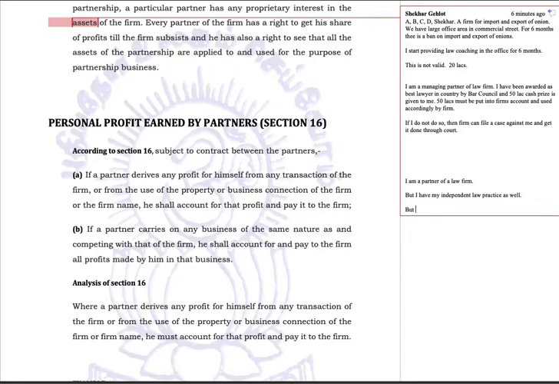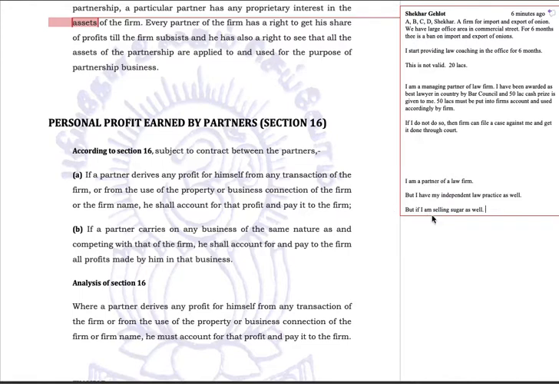But if I am selling sugar as well, I am a sugar dealer independently, and I am a partner of the law firm, then this is not a competing business. They are not of the same nature.